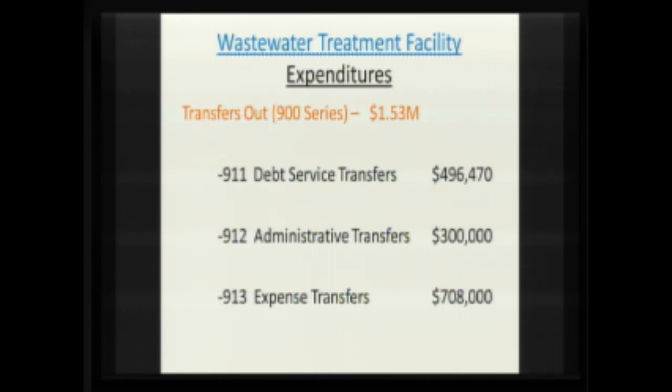We have two bond issues that incorporate a portion of sewer projects funded with GO bonds. So the 496,000 that you see there is used to make the payments in the debt service fund associated with sewer projects funded there.